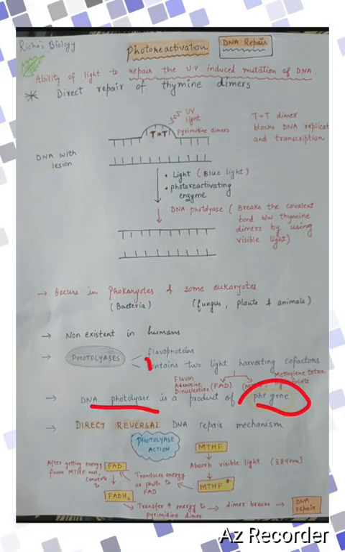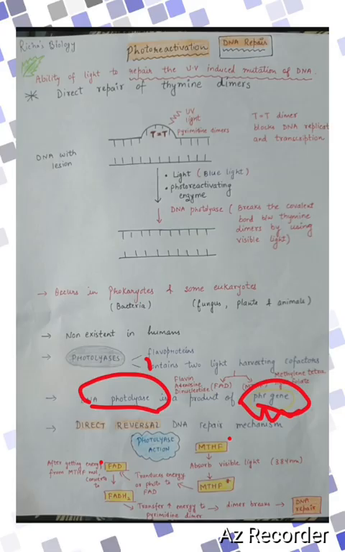In this topic, they will give you options like DNA photolyase is a product of the PHR gene, or a product of any other gene. So you have to remember it is a product of the PHR gene. And how it works basically: FAD and MTHF are two light-harvesting complexes, and how it works, this you have to remember.